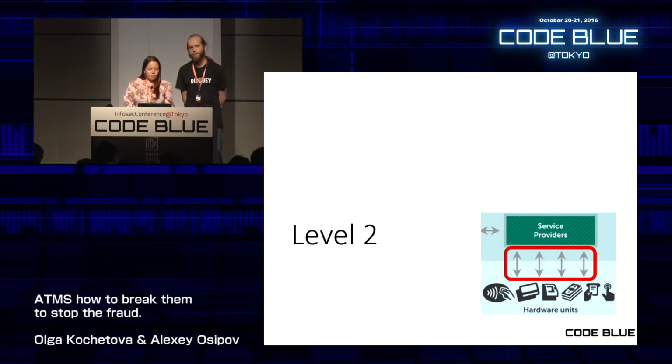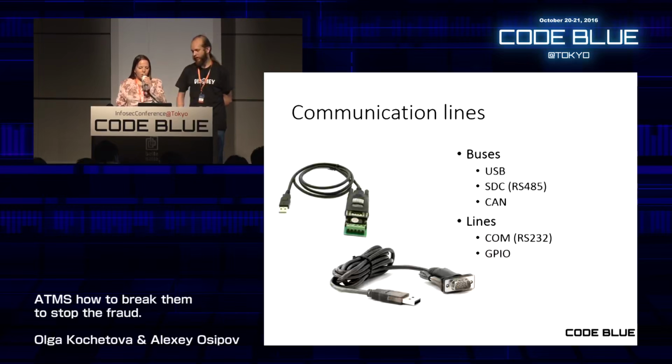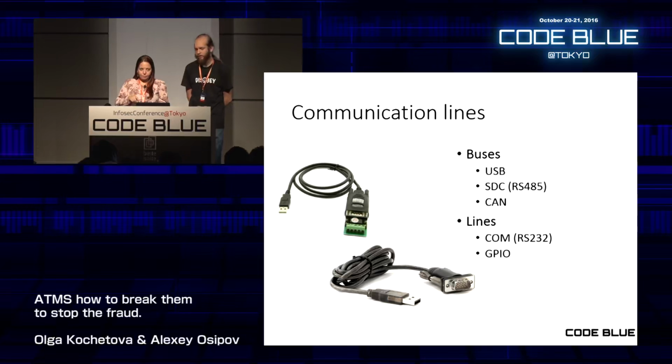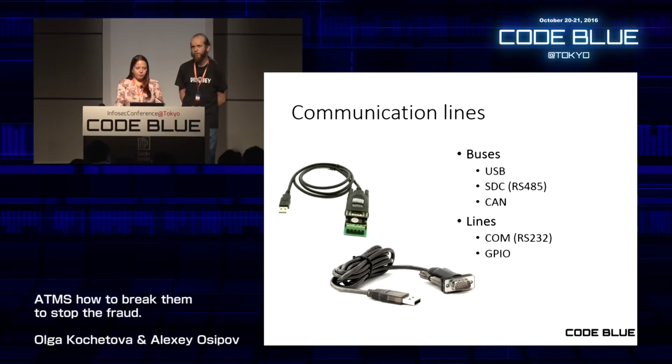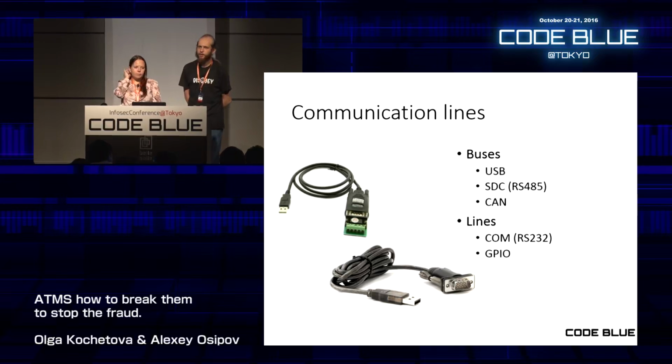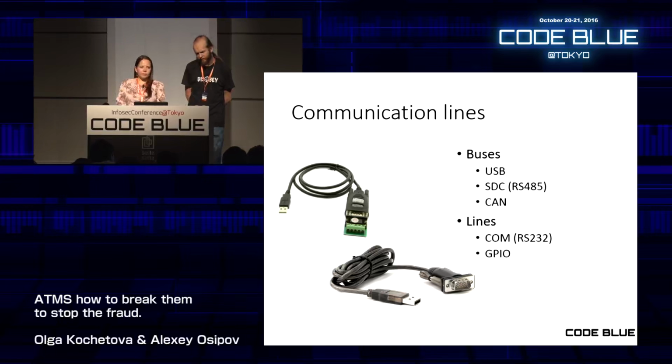Okay, we spoke about different levels of hardware security, on units like cash units, but all these devices are interconnected, and they are all connected with pretty common interfaces, the very same that are used in every computer. It's USB buses, and common interfaces for old ATM machines, the so-called SDC connection or RS485.